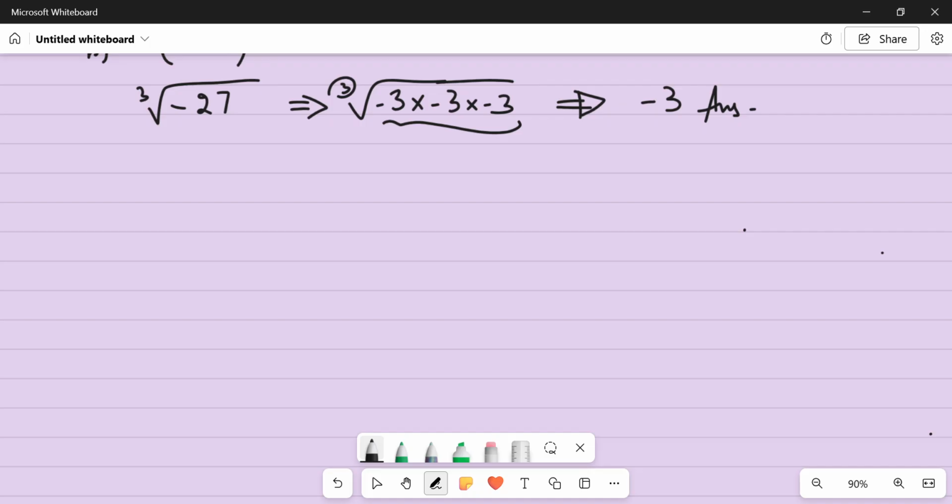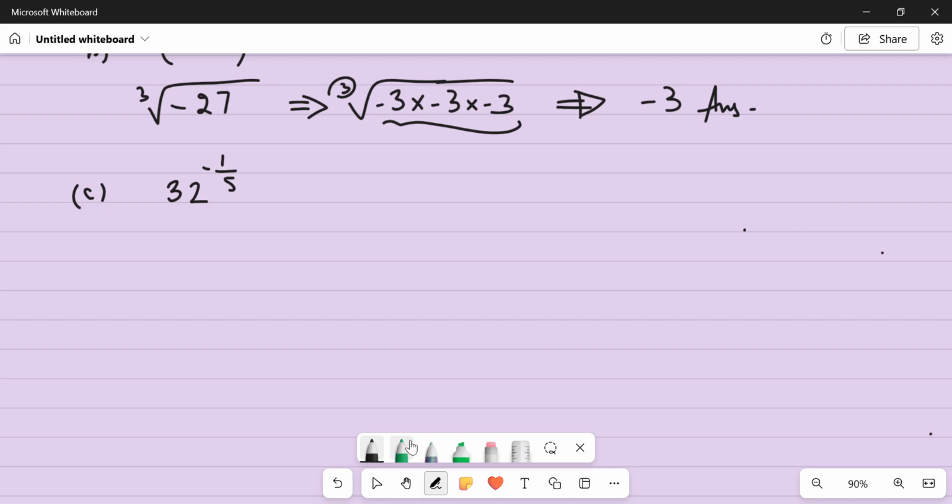Okay, now part C has a little different question. It's 32 to the power minus 1 over 5. So here the exponent is negative.